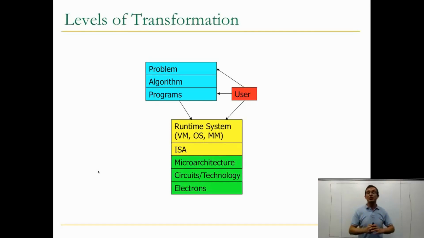And that program also gets run on the system using a runtime system. And microarchitecture is the implementation that actually satisfies the contract between the programmer and the hardware, which is actually architecture. And microarchitecture is built upon circuits, and circuits use physical principles to operate.